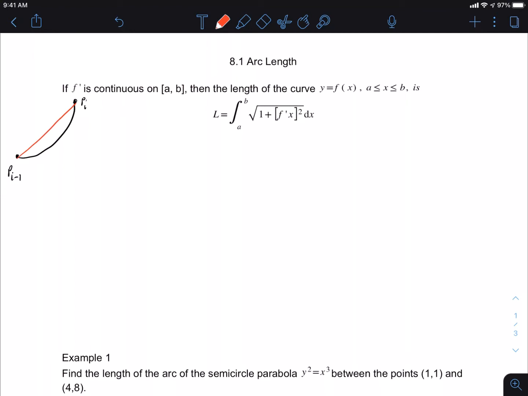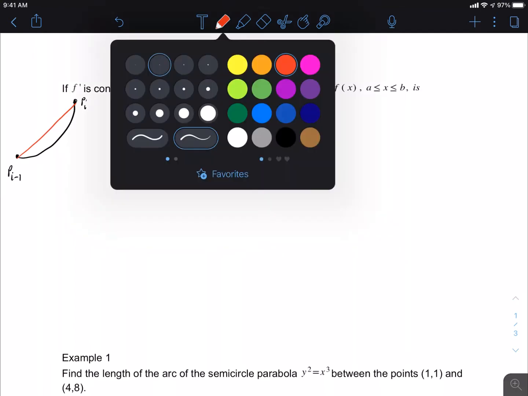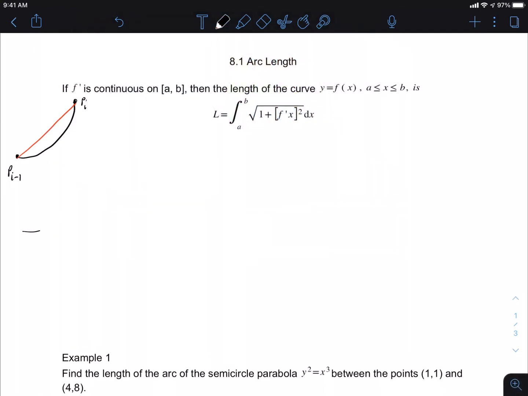So what we need to do is more and more movements. We'll take the curve and put in another dot, and when we approximate this, we go from this to this, and we can see that that's going to be a slightly better approximation than the first one we did, right?